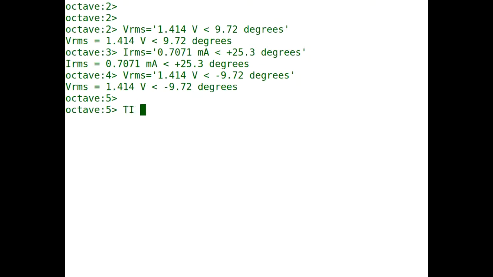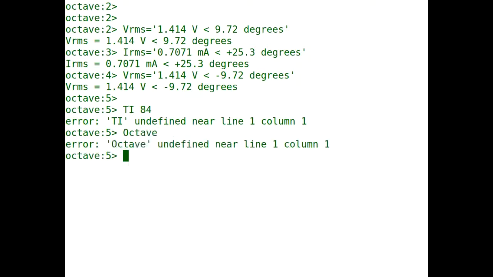Now, if you have a TI-84 calculator, or you're using Octave, which I am, if you're doing either one of these, ignore those errors. I'm just trying to type in this window so that you can see what I'm saying.